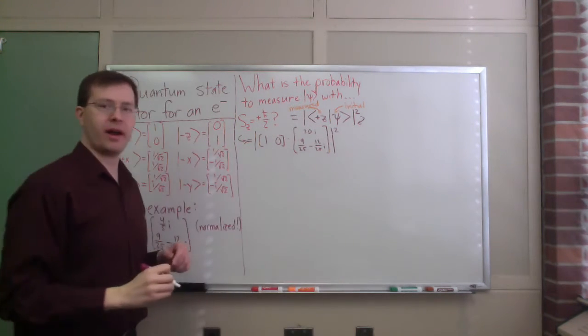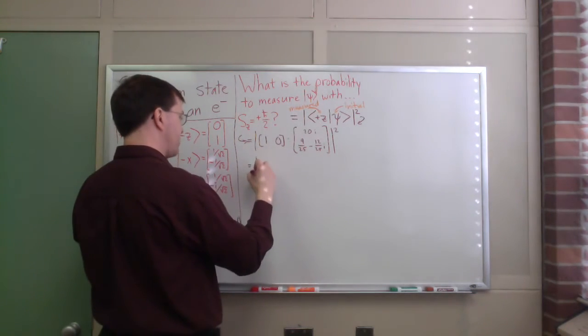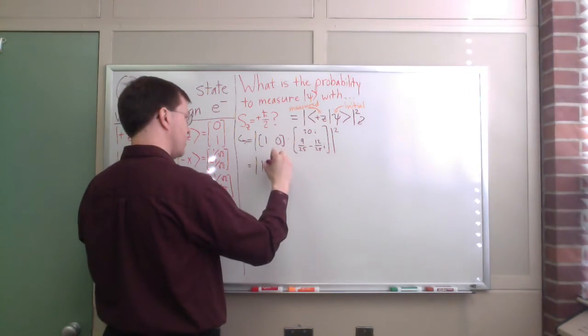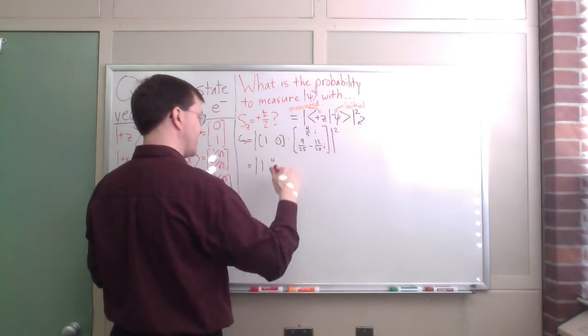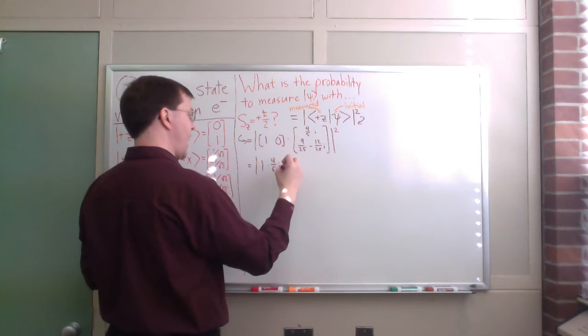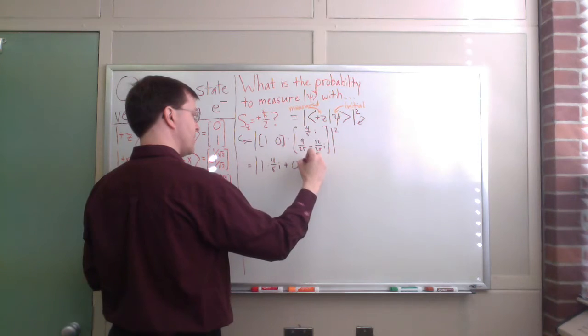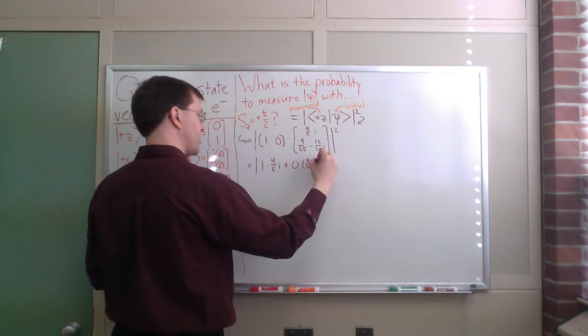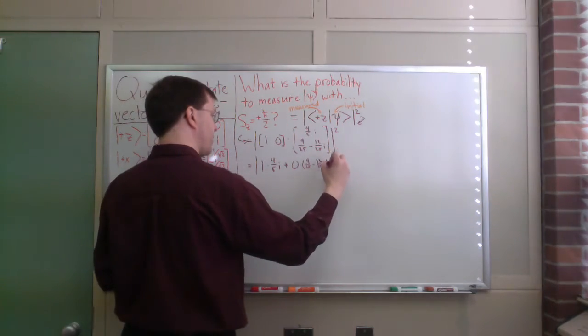Absolute square of that product. Hey, I can do that. Multiplying this out, that's equal to the absolute square of 1 times, oh, sorry, this isn't 20, this is 4/5 i, plus 0 times 9/25 minus 12/25 i. That's small because I don't care, since it's multiplied by 0.